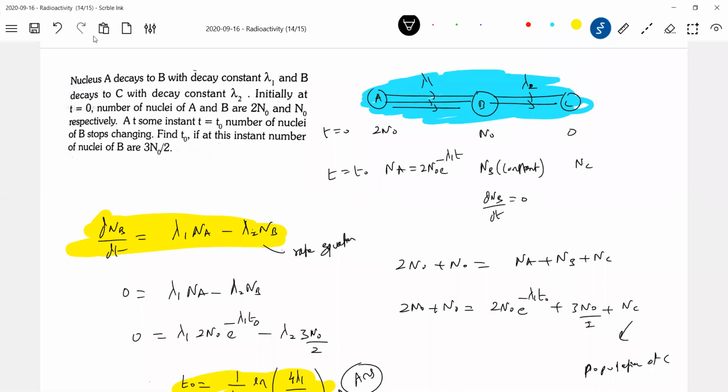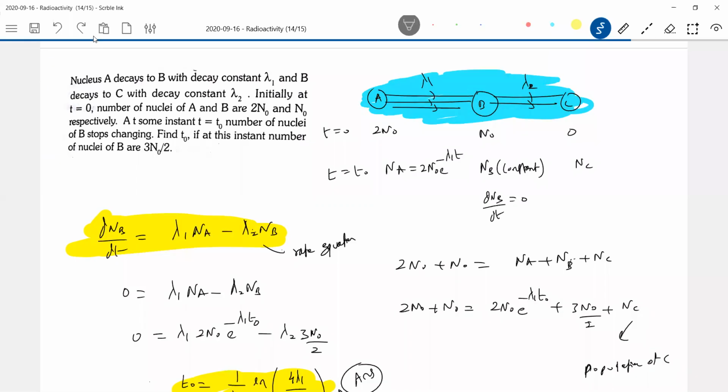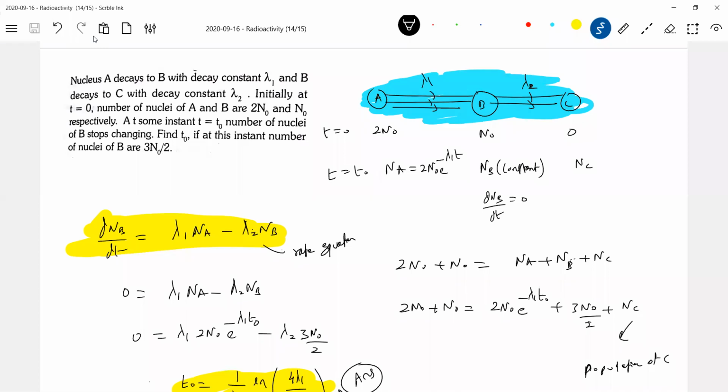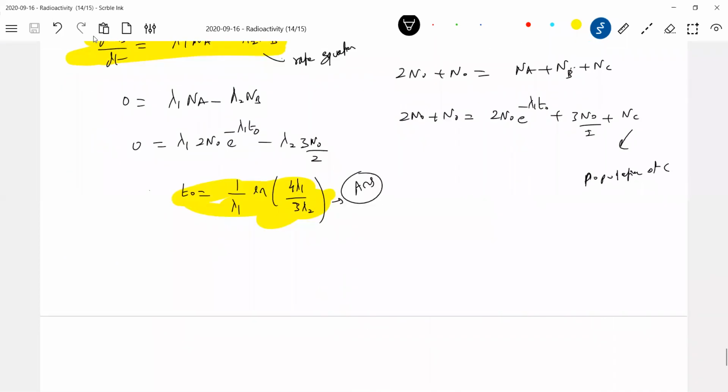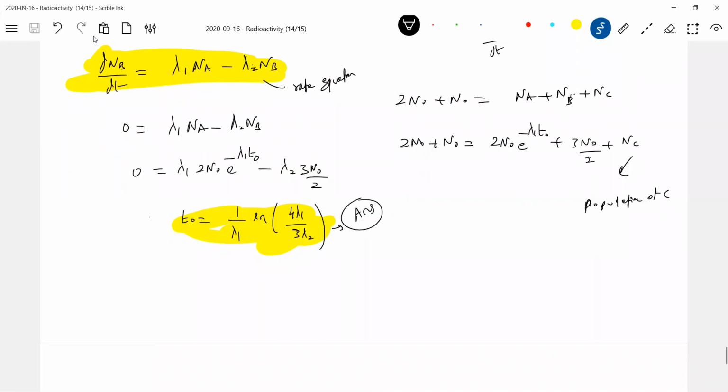C is nothing but the amount decayed, so can we write lambda 2 into NB into t? What is NB? Tell me first of all. Again, you should go to the tank idea. At least look at the tank and try to develop the idea.